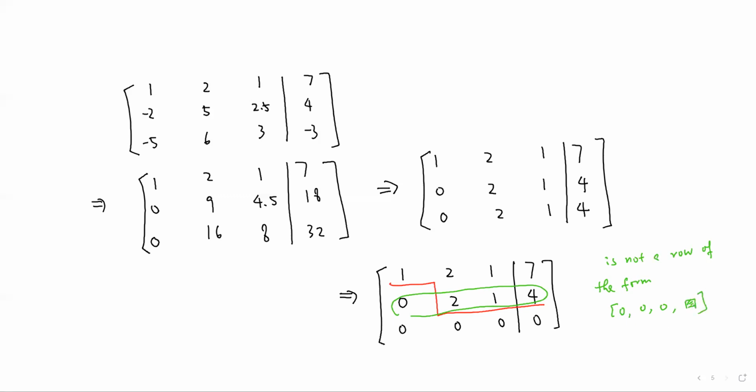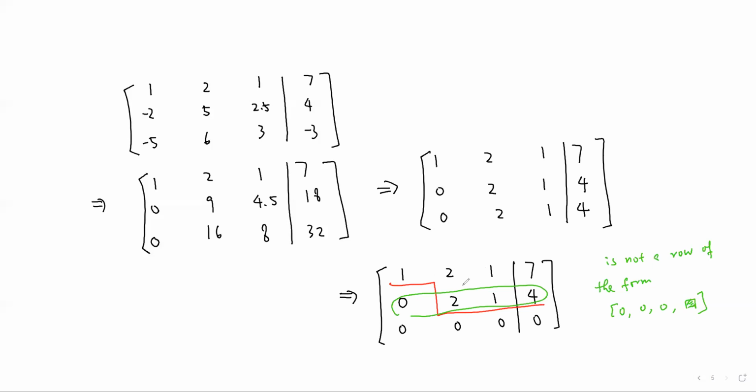The right-hand side is non-zero, but the bottom non-zero row is not in this form. Then the linear system must have a solution.